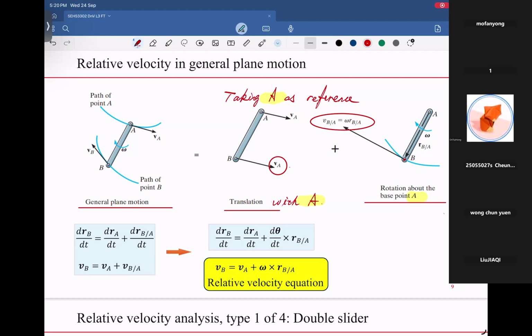So therefore, we combine them together in vector. We have the velocity of B equals the velocity of the reference plus omega cross the position vector of B, taking A as a reference.